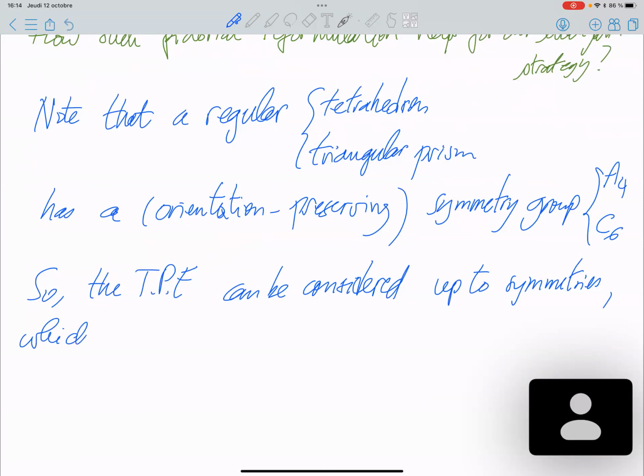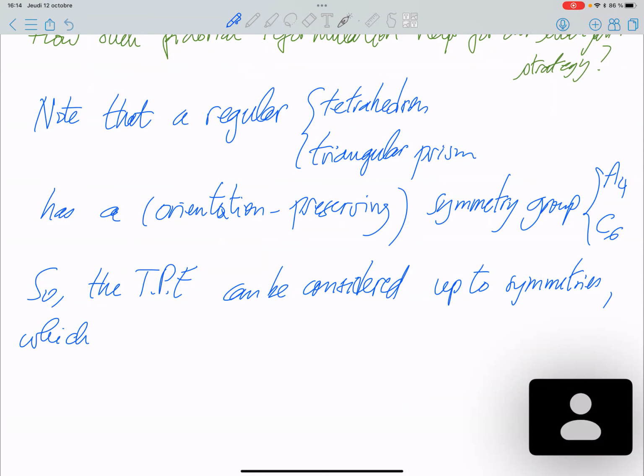When you do that, you reduce the number of equations and the number of variables, but it's not enough, of course. Even if you do that, the system is still too big, but it's the first step. And we will see the main point next.